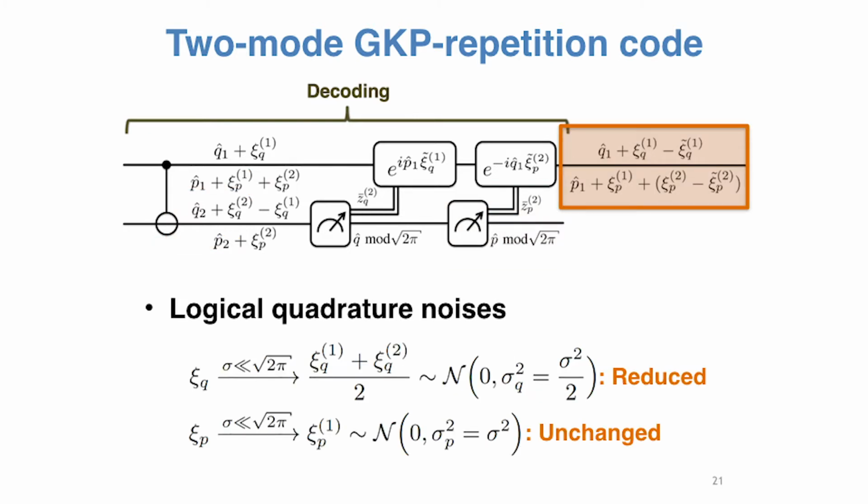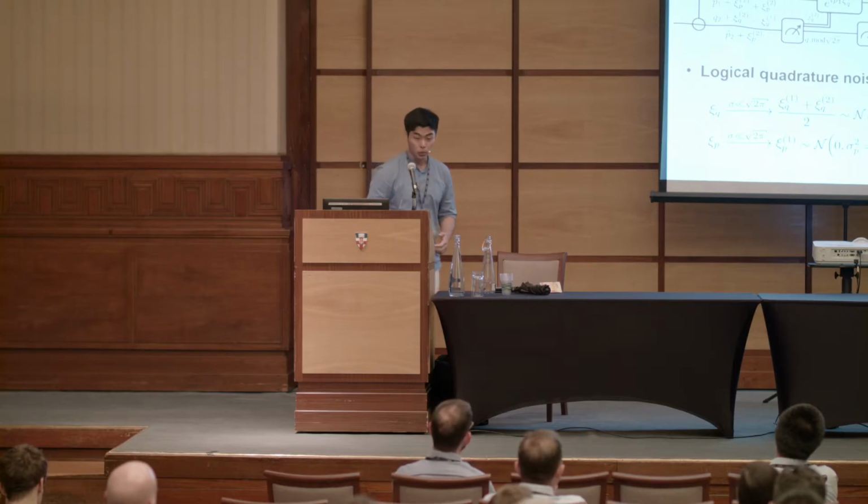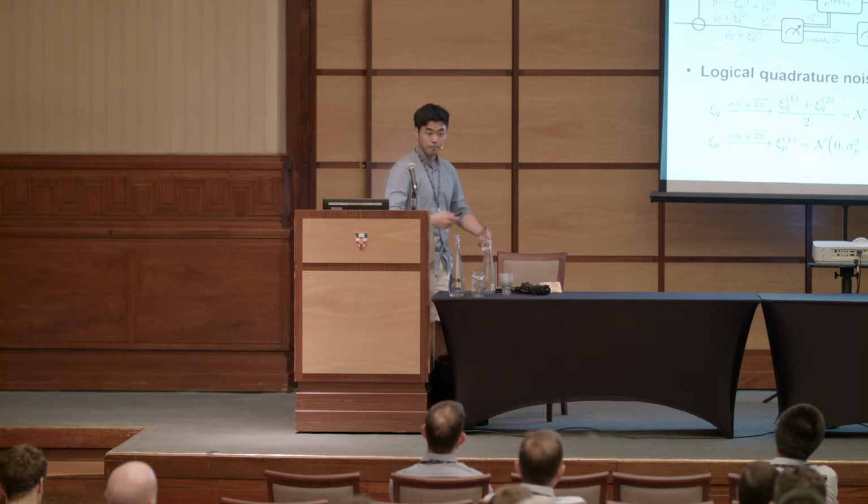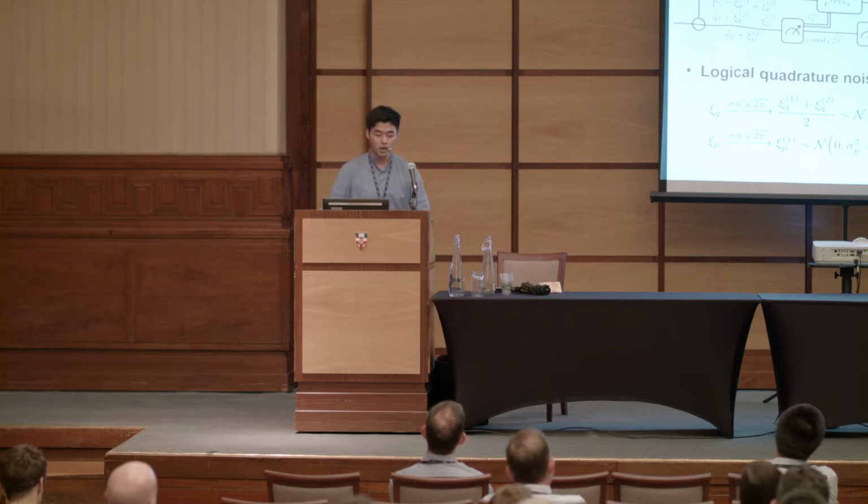So the end result is, as long as the standard deviation is much smaller than square root 2 pi, which is the window that we can simultaneously measure, we can keep the same advantage, which is suppression by a factor of 2, and we are not anymore limited by the momentum noise transfer. So that's the key idea of this non-Gaussian quantum error correcting code.